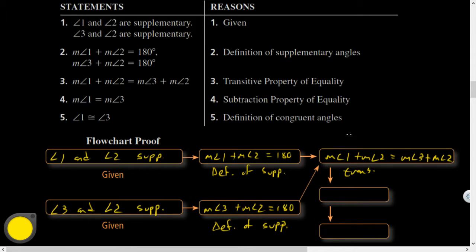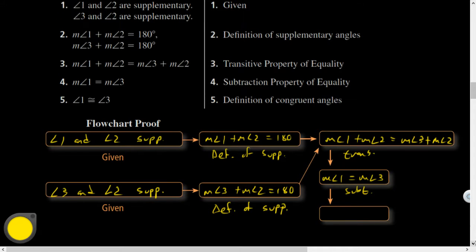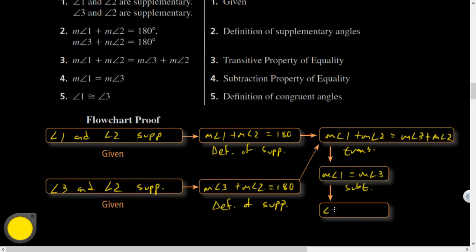But I'll call it transitive because that's kind of the more classic case. And then we were able to subtract measure of angle 2 from both sides and get measure angle 1 equals measure angle 3 by subtraction property. You got to at least abbreviate out to the T so it doesn't look like subs. And if those measures are equal, then the angles are congruent by def of congruence.